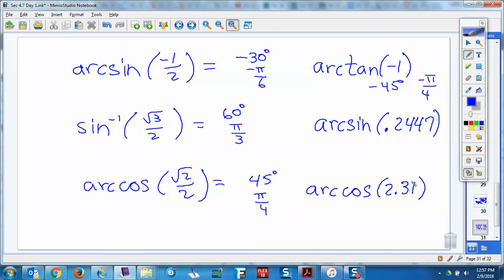So there's no angle whose cosine has a value of 2.31. Never. So you get a domain error. One like that, we should just know right away. So be careful with one like that on the no-calculator part. If you had arc cosine of 2, say, no solution. No solution.